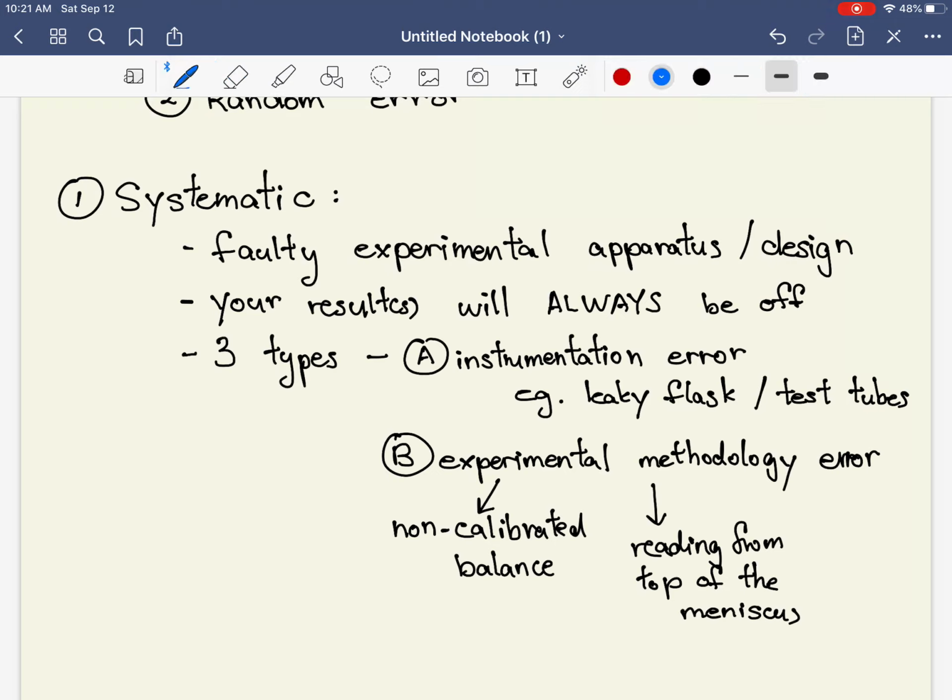There's actually one more example of an experimental methodology error: evaporation of chemicals. You leave something out for too long, and things get evaporated into the air.